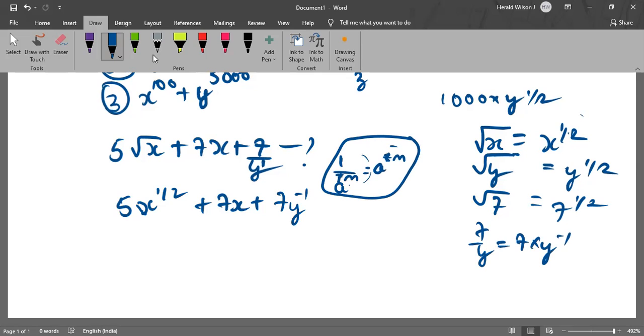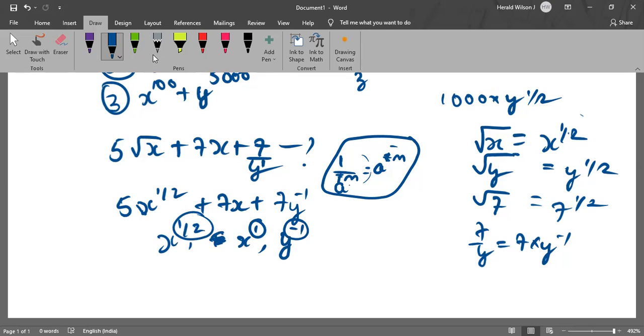Now look at the powers. Observe the powers. Here we have x raised to half, here we have x raised to 1, and here we have y raised to minus 1. You see, 1 is a positive power. Agreed, fine. This is having a positive power according to our definition. But this is a negative power, and this is not an integer.